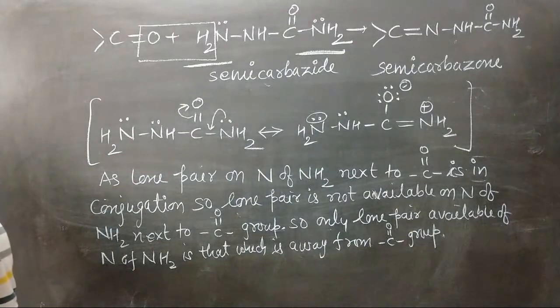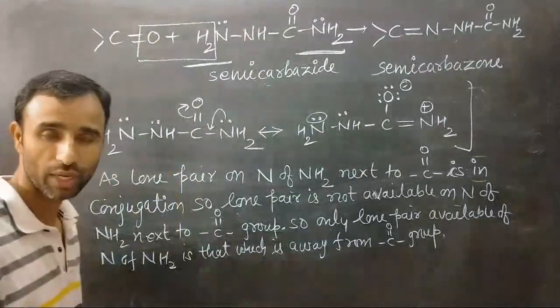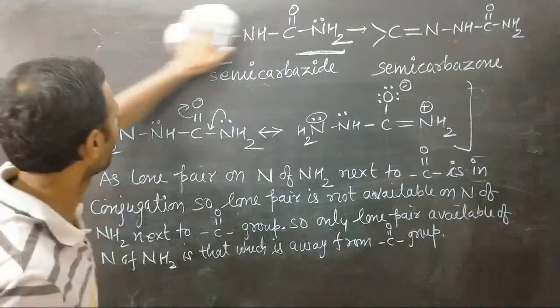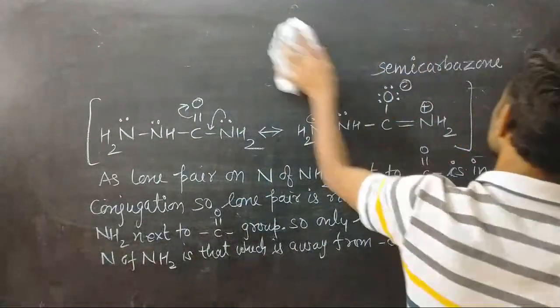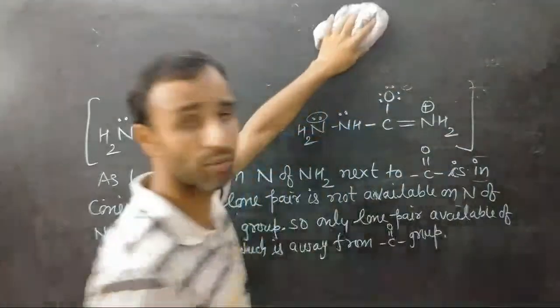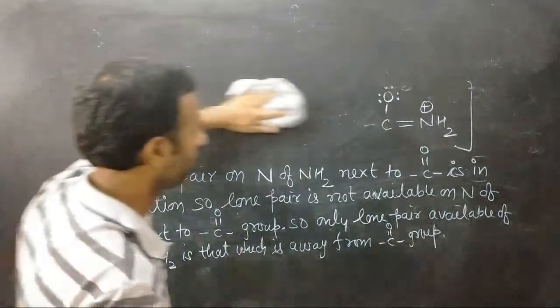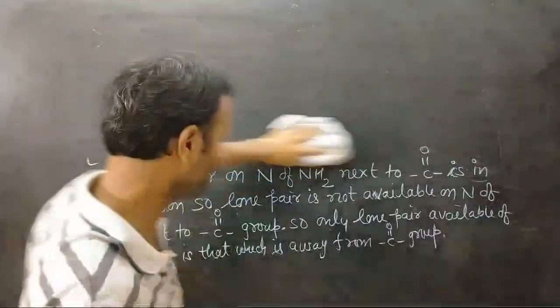Now, what is the significance of pH? We have already covered that the reaction of carbonyl compounds with ammonia derivatives is a pH controlled reaction. The pH required is 3.5.